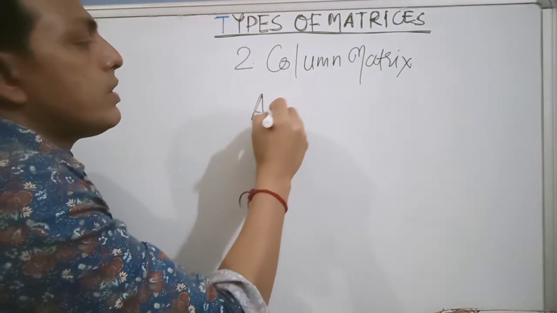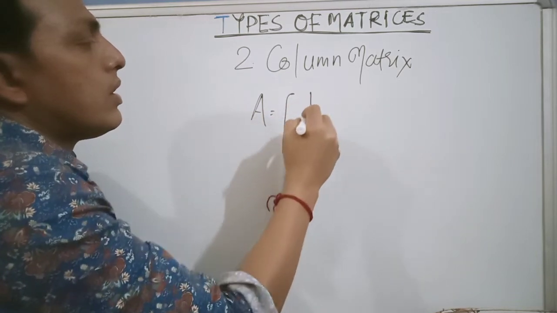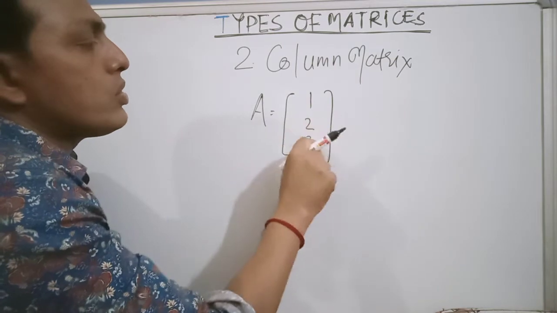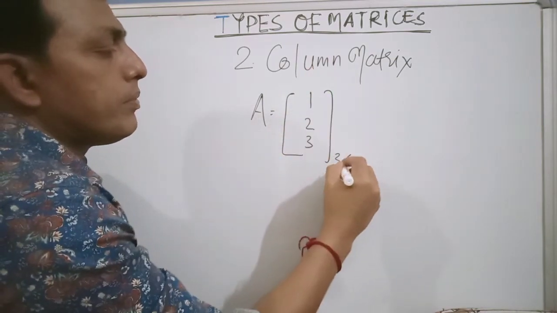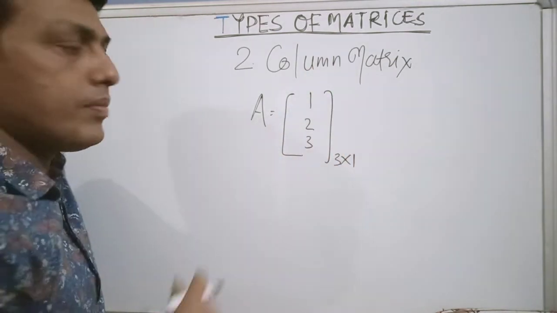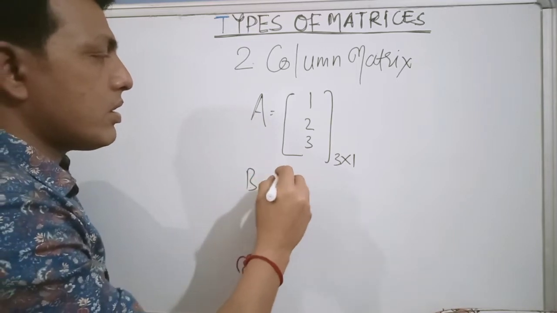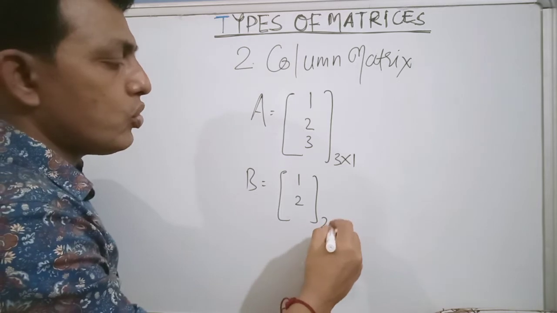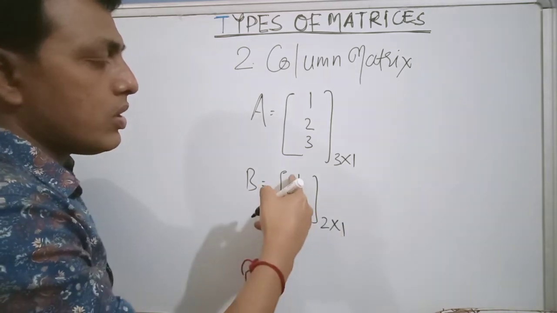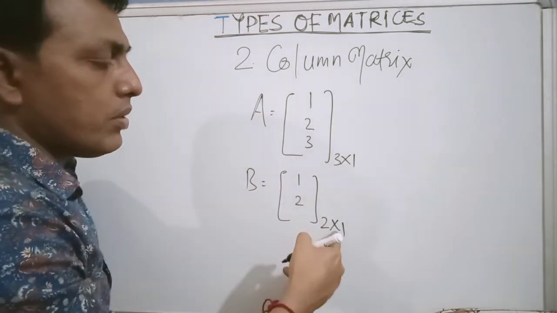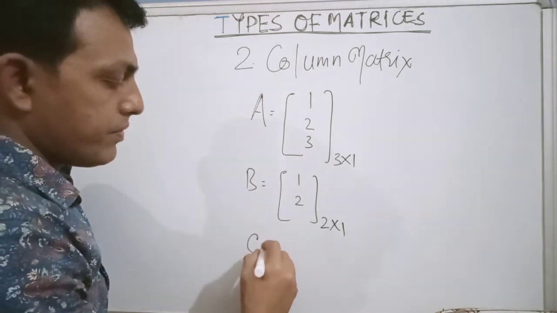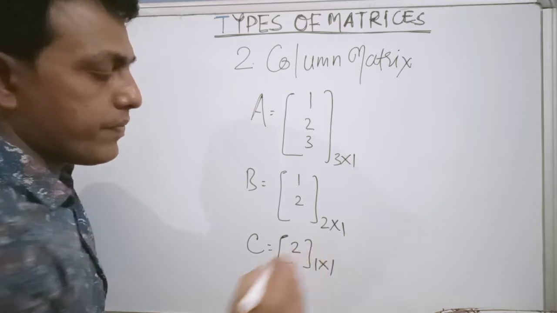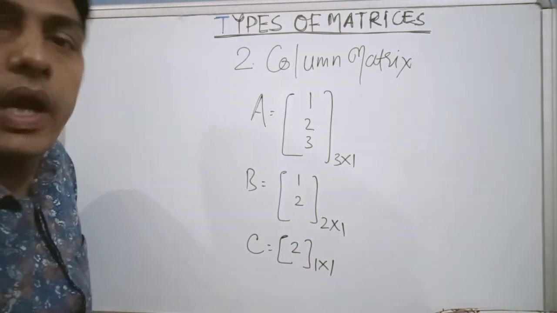See the example. 3 rows but 1 column. Another matrix. 2 rows and 1 column. One row and 1 column.